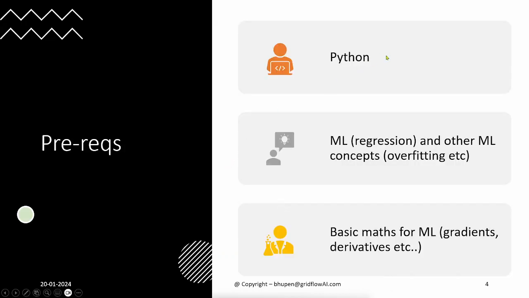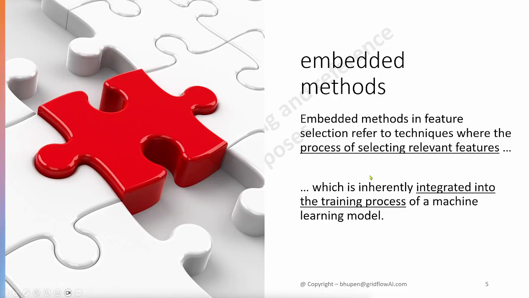Some of the prerequisites: a little bit of Python and fair amount of machine learning experience, especially regression concept and machine learning concepts like overfitting. And a little bit about maths, gradient and derivatives would be really handy.